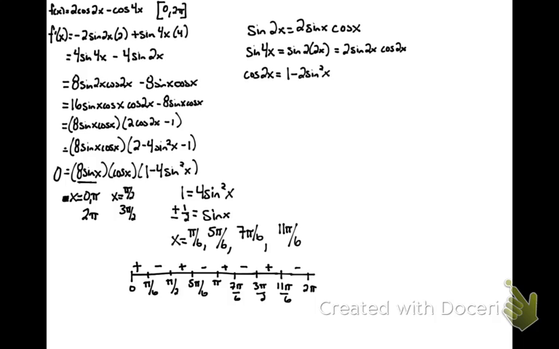So we can identify possible maximums would be pi sixth, 5 pi sixth, 7 pi sixth, and 11 pi sixth, along with the endpoints. The reason that those are all possible maximums is because the derivative changes from positive to negative there, so the original function goes from increasing to decreasing.